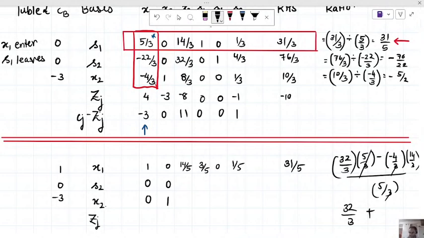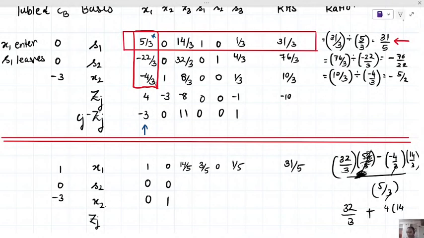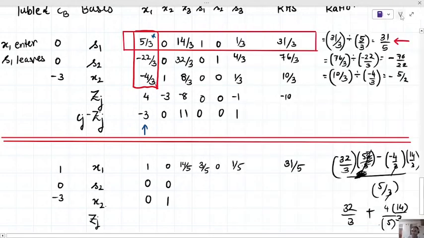Wait, I'll do it in a better way. 32 by 3 plus 4 into 14 by 3 and 5 here. That's what we get. We will need to do it carefully. So here you will get 156 as I see the answer here.